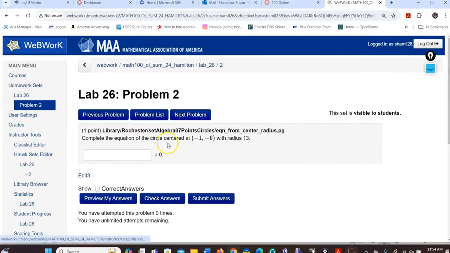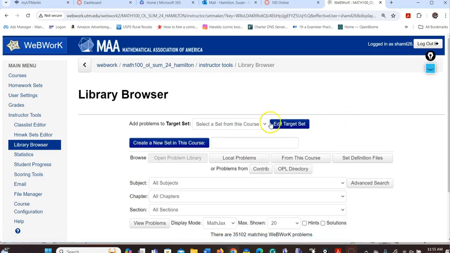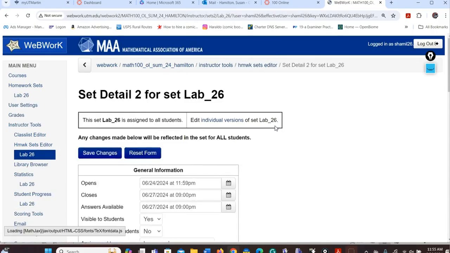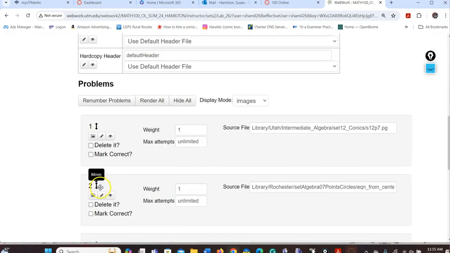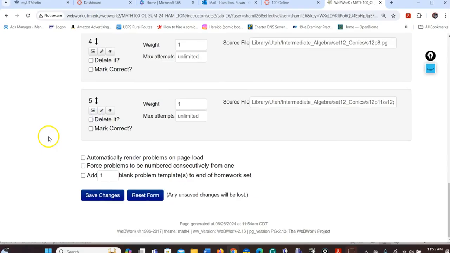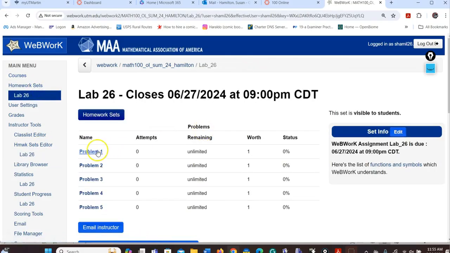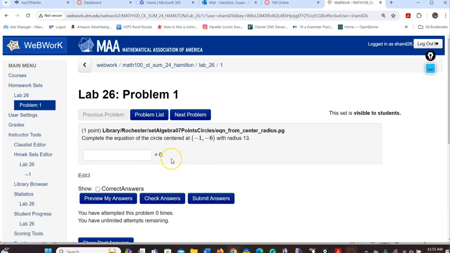Okay, so that's problem 2. I might make that problem 1. So everyone should know what's expected on that. You're just going to have to rearrange.